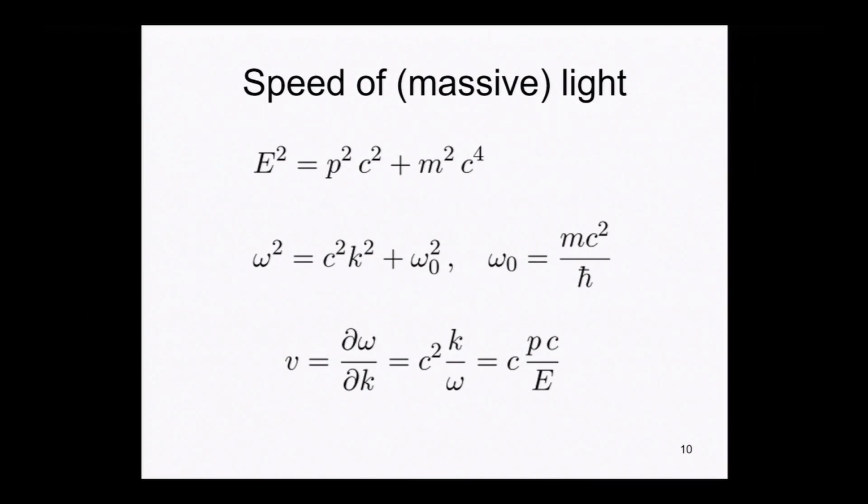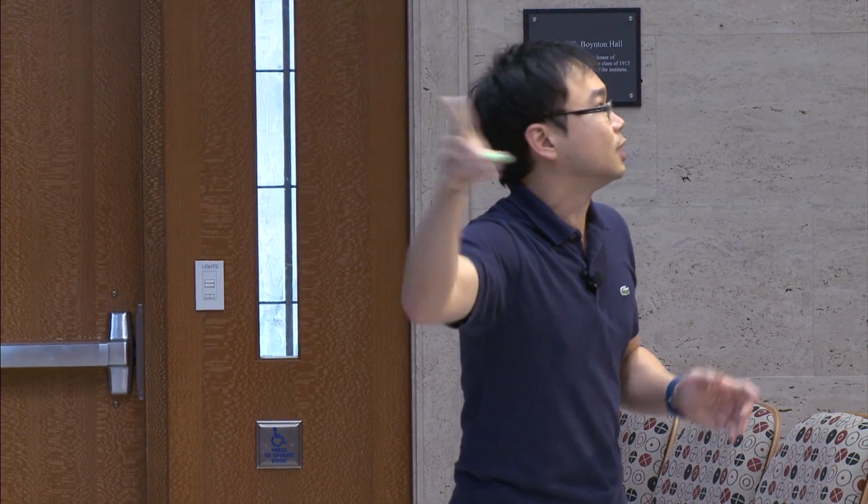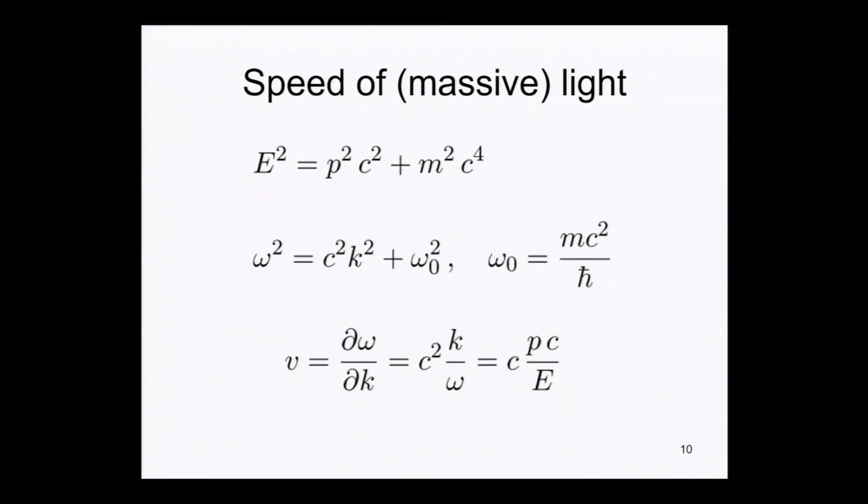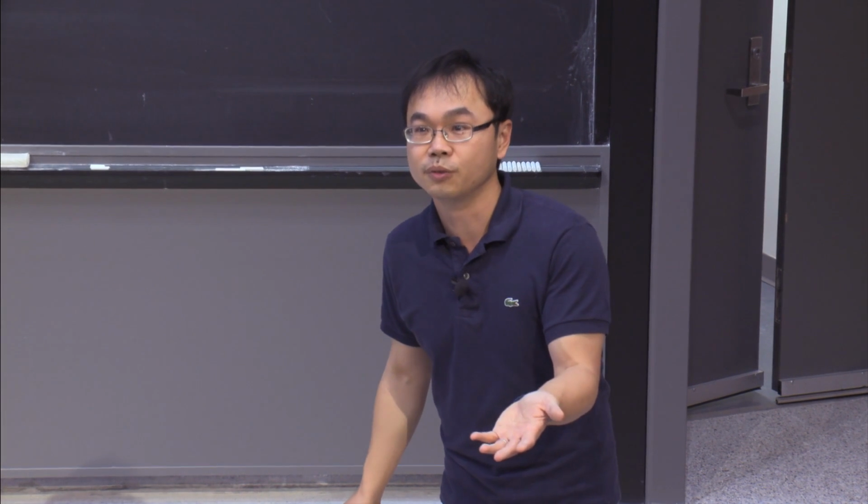And omega 0 is defined as m c squared over h bar, just for simplicity. If you look at this equation, this is a dispersion relation, right? You have seen this so many times, and this formula reminds you that this is a dispersion relation.